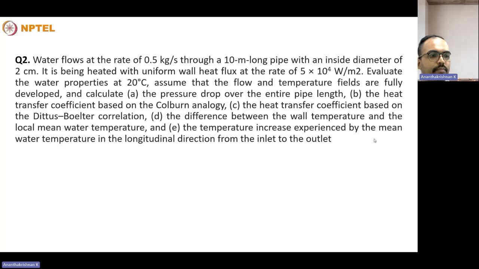Then the difference between wall temperature and the local mean temperature, which is the same thing we have seen in the previous case. Then the temperature increase experienced by the mean water temperature in the longitudinal direction from inlet to outlet. That's a variation. Try to solve it. I'll also try to solve it within a couple of minutes.